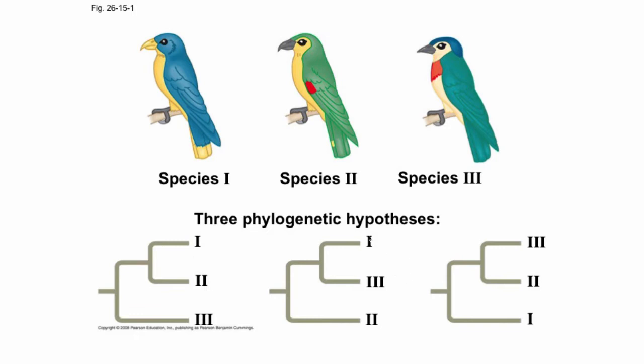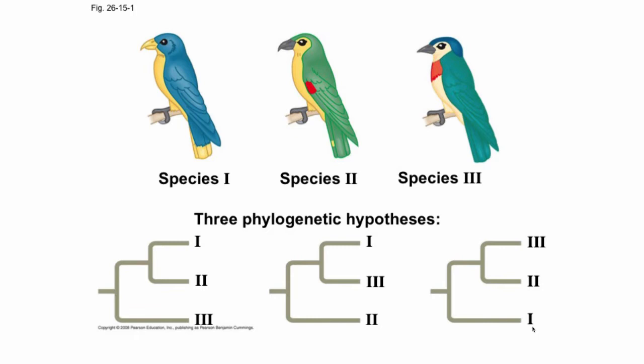We could have species 1 and 3 being sister taxa with 2 as the outgroup, or we could have species 3 and 2 being sister taxa, the most derived taxa, and number 1 being the outgroup. And in order to get at which one of these is most likely, we can look at all kinds of things.